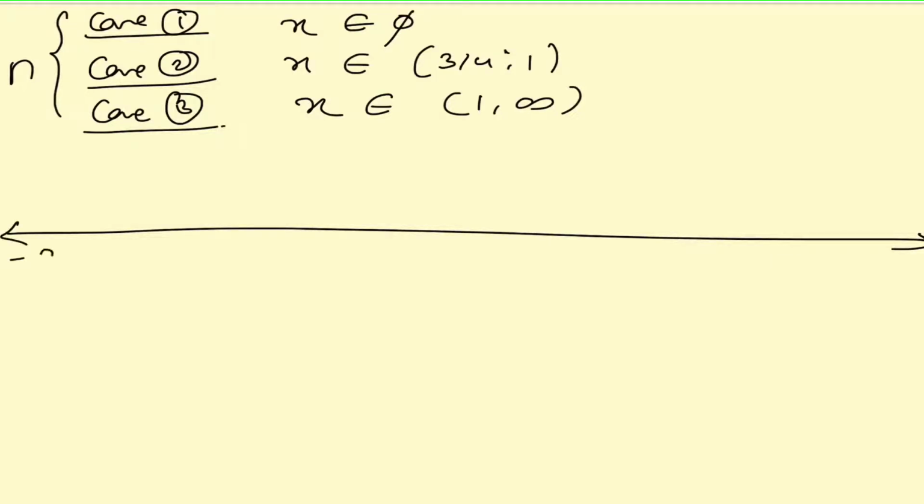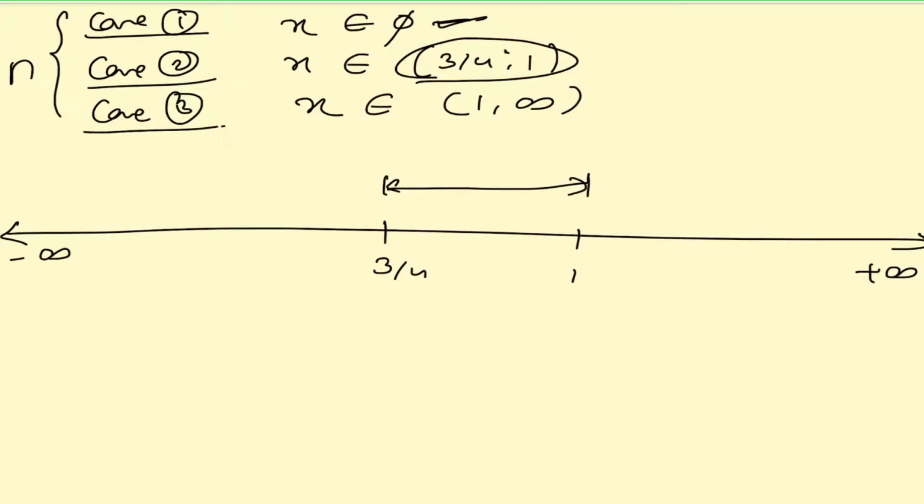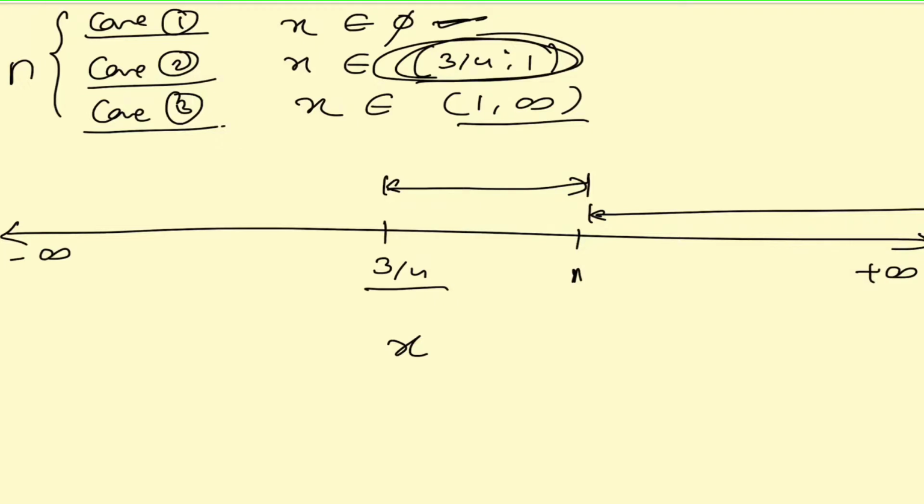On the number line we have minus infinity, 3/4 and 1, and then plus infinity. X equal to 5 we cannot represent. Then 3/4 to 1, and 1 to infinity.